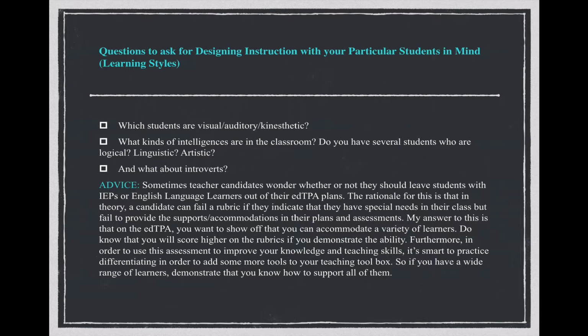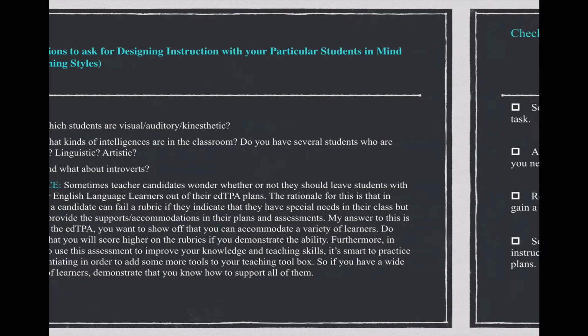Your 4s and your 5s are really about being able to accommodate groups of students or individuals with special learning needs. So my recommendation is that you do include that range of students in your classroom. You say that they're all in there, and you actually take the time to plan for them and assess them. And you know what? That's really good practice for you anyhow, because that's real life.